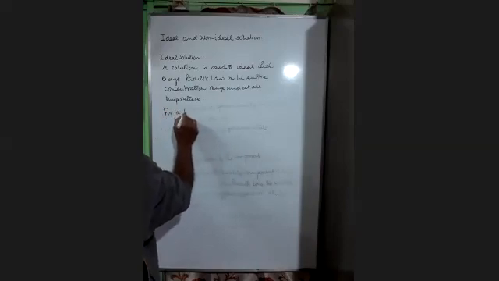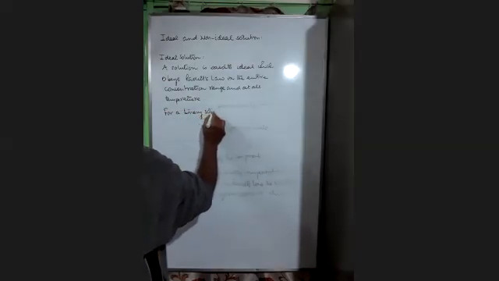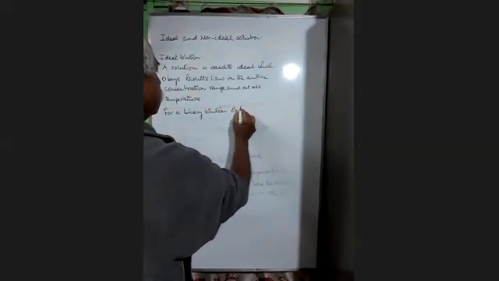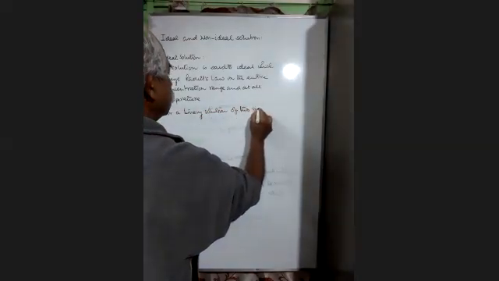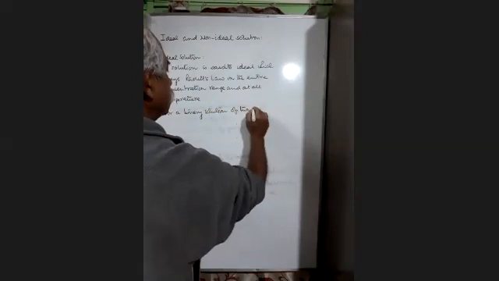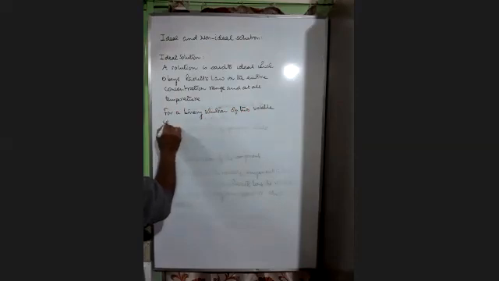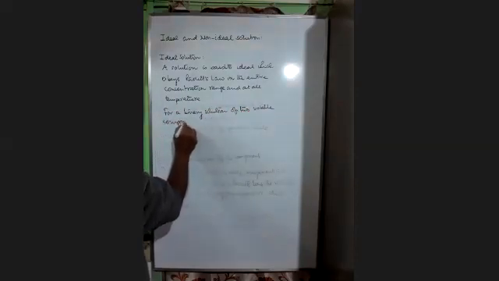Now, what is an ideal solution? For a binary solution of two volatile components, what will happen?